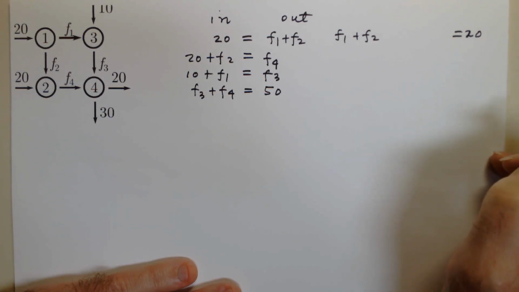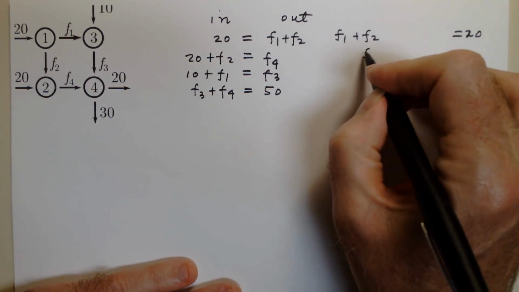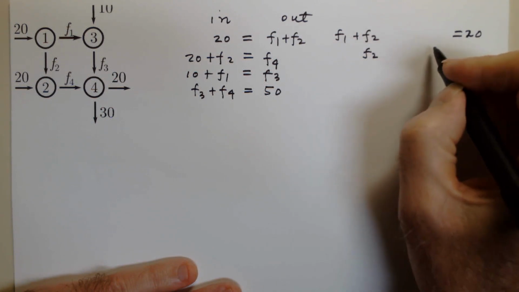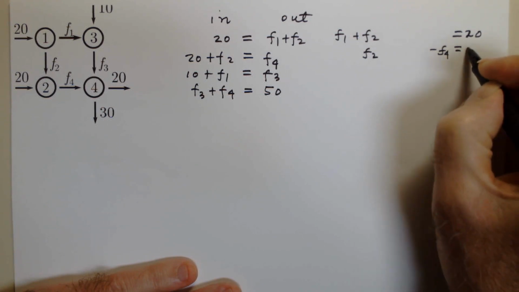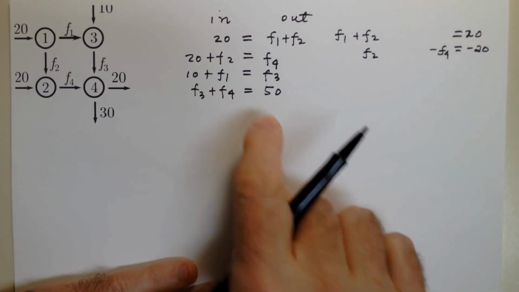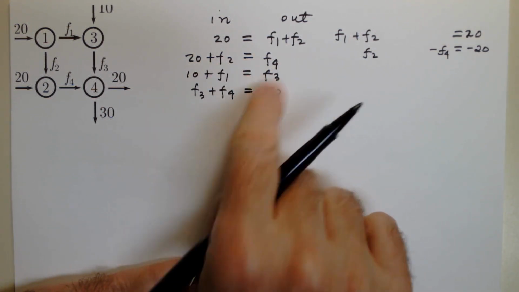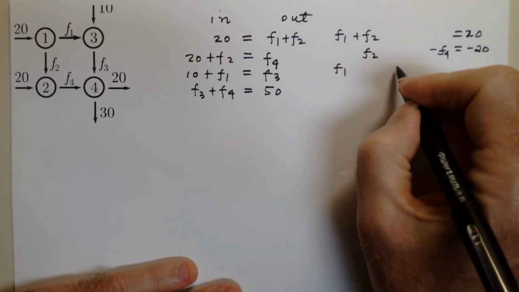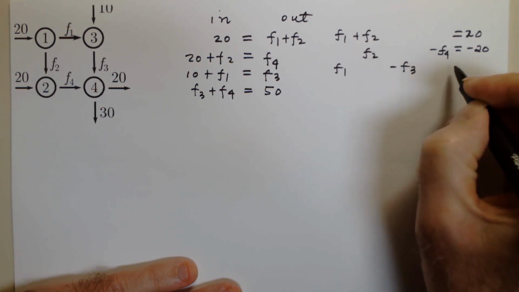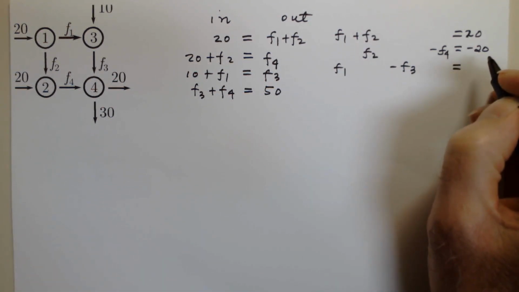Our second equation could be written as F2 minus F4 equals negative 20. Okay, F2 minus F4 equals negative 20. Our third equation would look like F1 minus F3 is equal to negative 10.